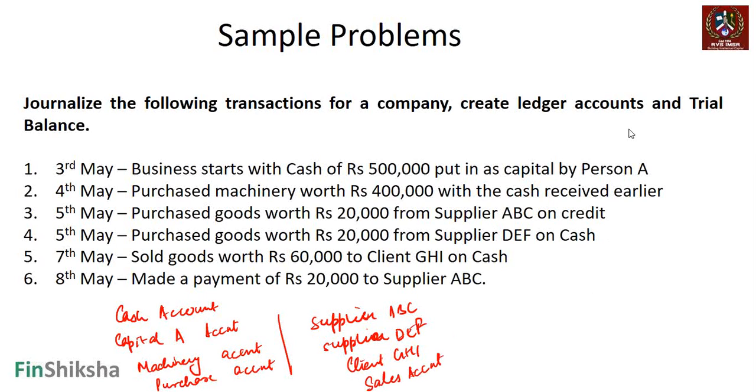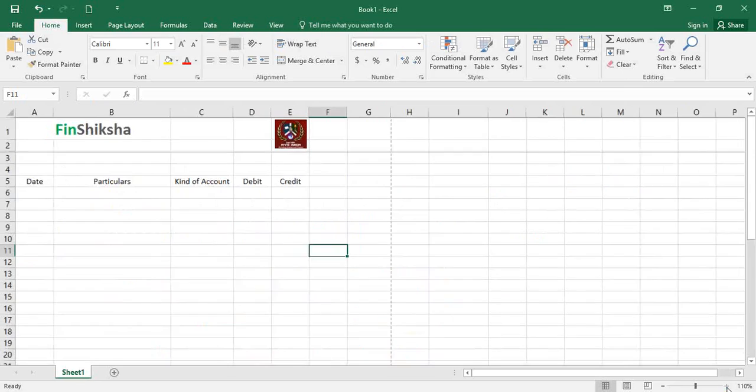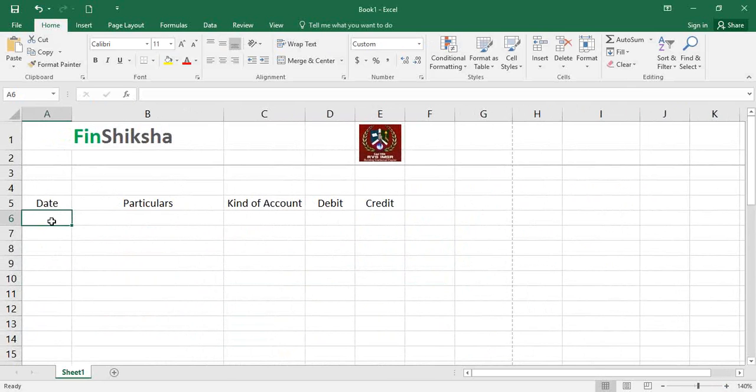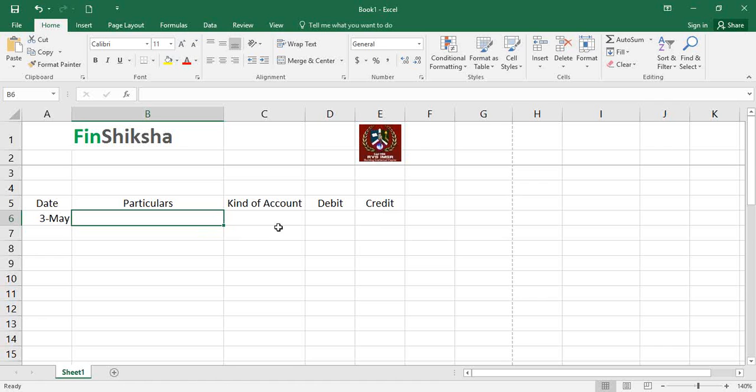Let's create the journal for each of these transactions, starting 3rd May, first transaction. So we go to this file where we have the date and the particulars put in. The first date is 3rd May, and the particulars are that the company has started the business with cash of 5 lakh put in as capital by person A, right? So what is going to be debited?